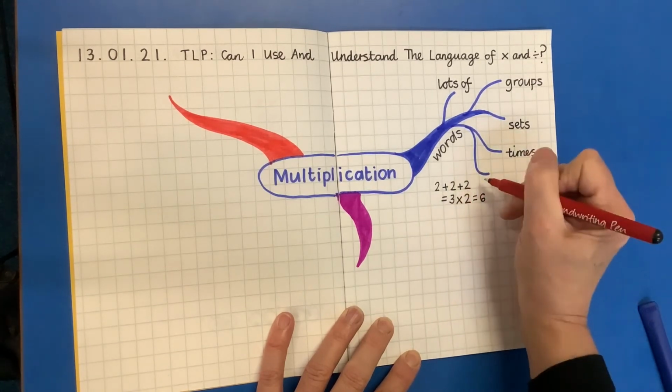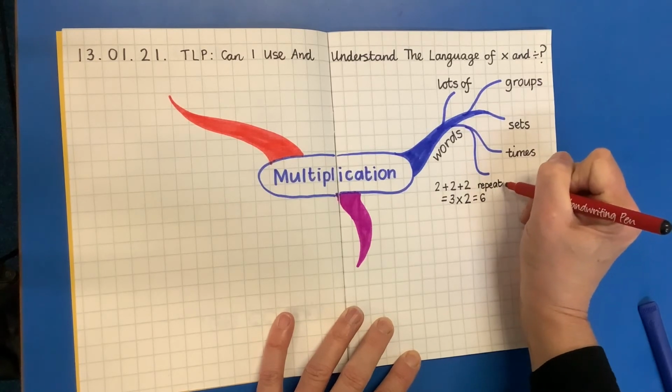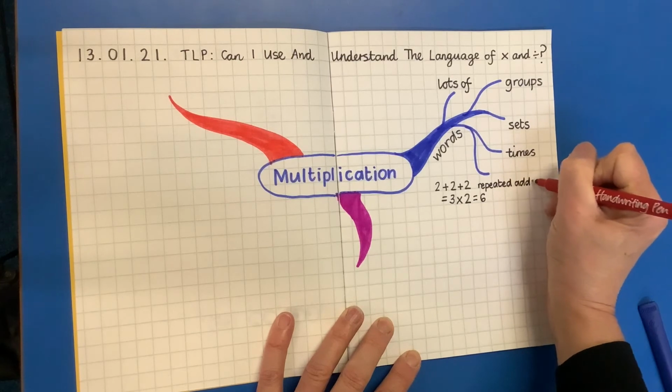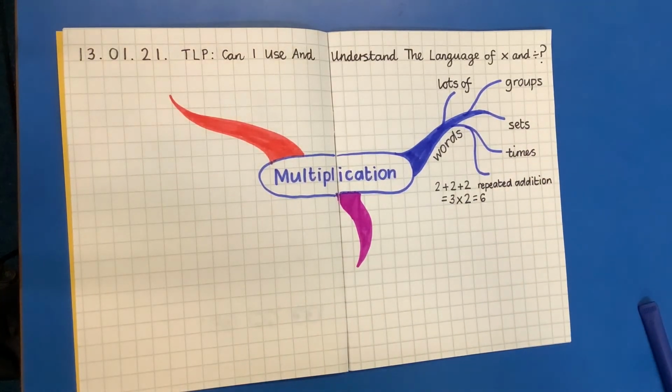And that is called repeated addition because you're adding the same number every time. We'll come back to that later. So those are the main words that we've been using to describe groups and going to get them a certain number of times.